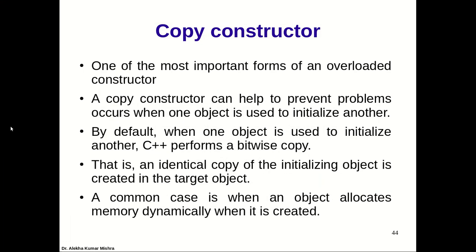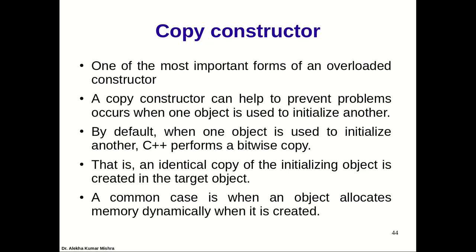Let's see that. It is one of the most important forms of an overloaded constructor. We have already seen that a constructor can be overloaded depending upon the type of parameter. The copy constructor can help prevent the problem that occurs when one object is used to initialize another. There may be some problems when you initialize one object by using another object.